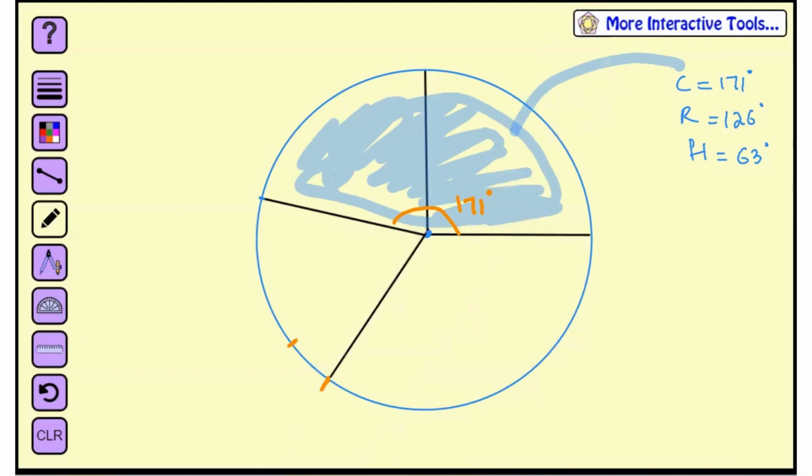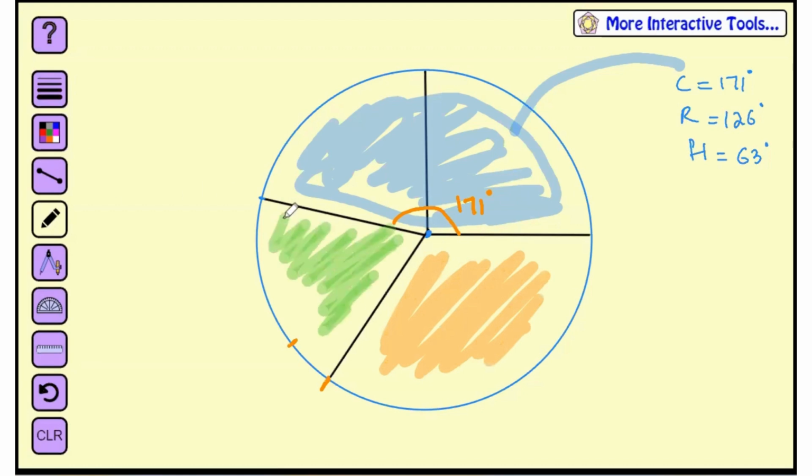Okay, so this is your 126, and this is your 63. So that's cats, that is your rabbits, and that's your hamsters. So that's how you will draw your pie chart.